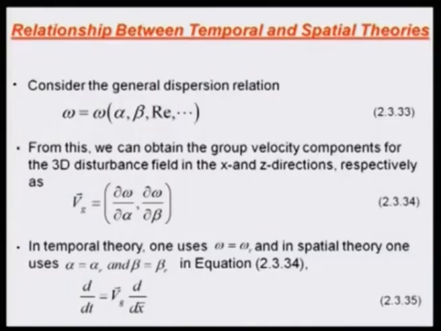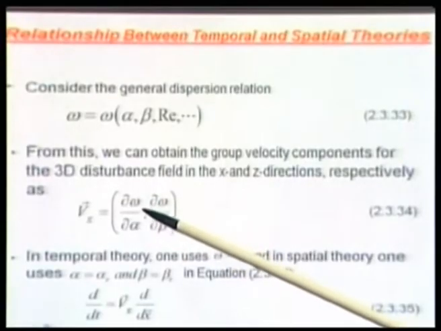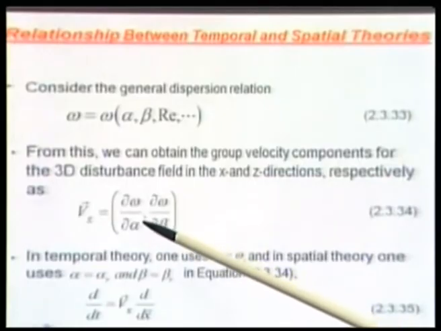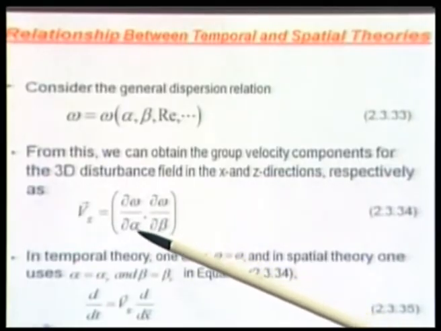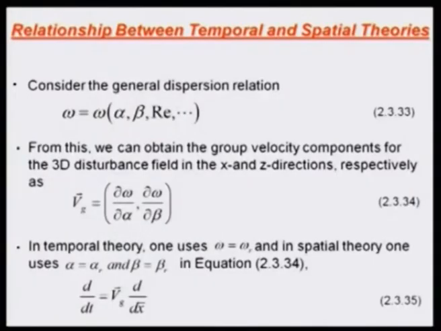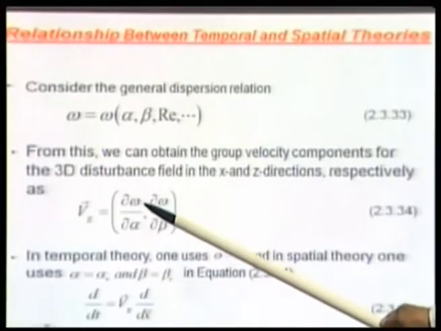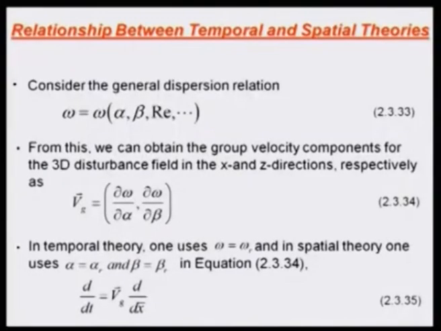Once you have the dispersion relation, you can calculate the group velocity given by this. It is implicitly understood that the wave numbers alpha and beta appearing in this expression are the real part, if alpha and beta are complex. If you are looking at the temporal theory, then alpha and beta are necessarily real, but then you will be taking omega as the real part, that is omega r.